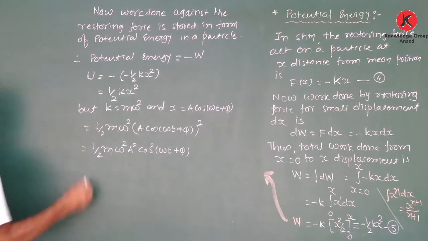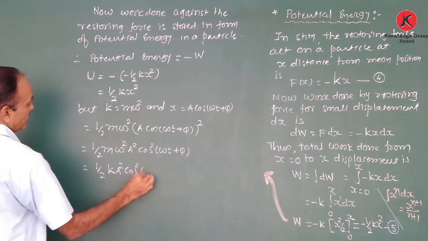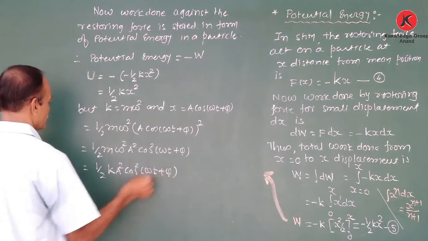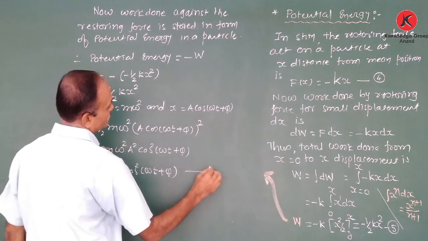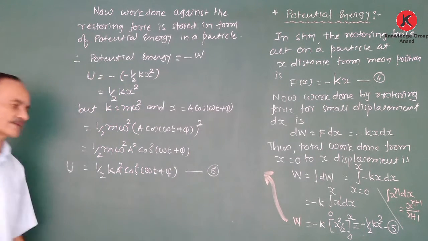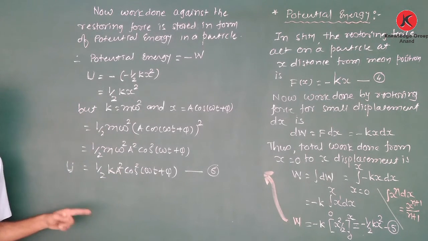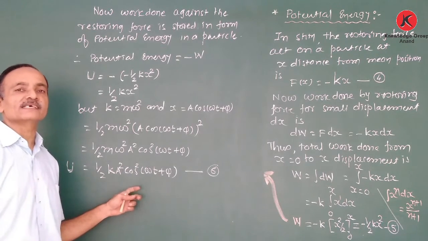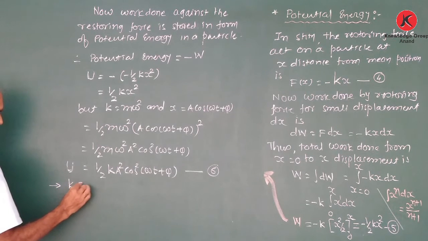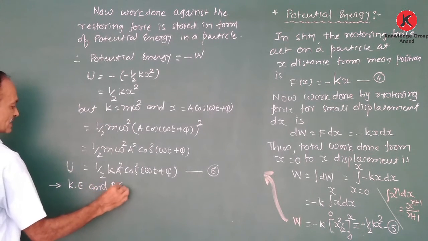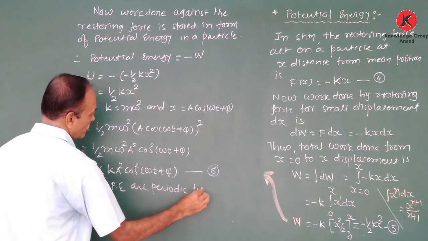So it is equal to half k a square cos square omega t plus phi. That is the equation of potential energy at x distance from the mean position. So thus we obtain the equation of the kinetic energy and potential energy. Kinetic energy and potential energy are periodic functions of time.